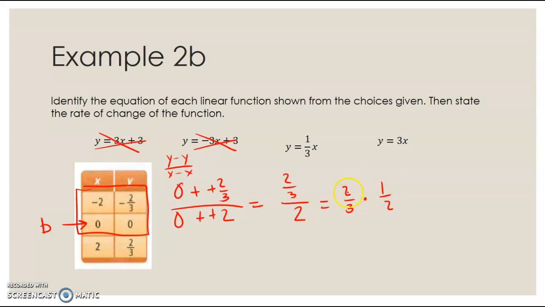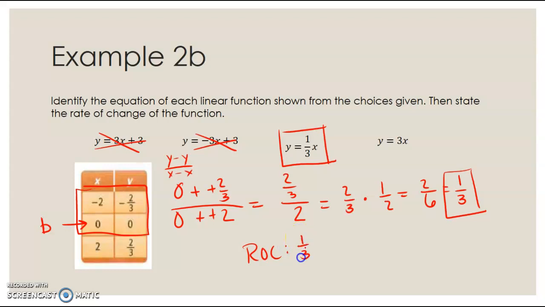And then 2 times 1 equals 2, and 3 times 2 is 6. And I'm going to reduce, and I'm going to end up with 1/3. So I know that 1/3 is my rate of change, which makes y equals 1/3 x the equation that matches this table. And I know that my rate of change is 1/3.